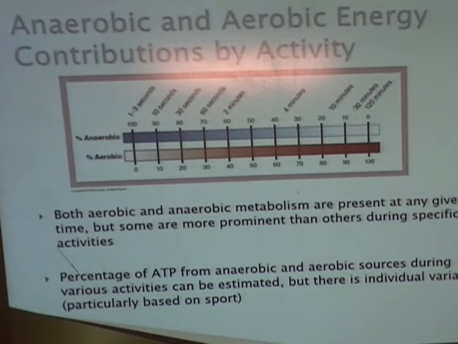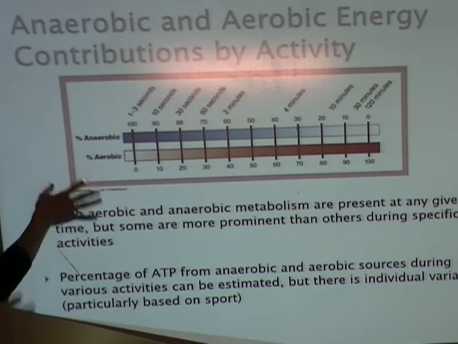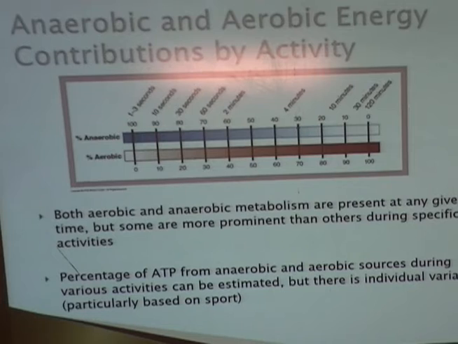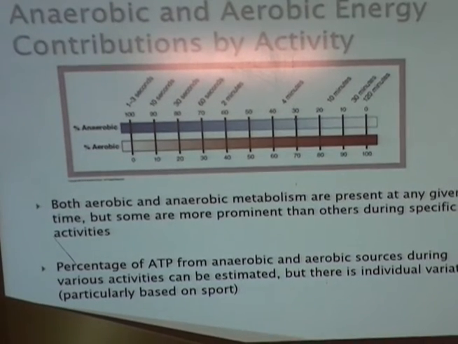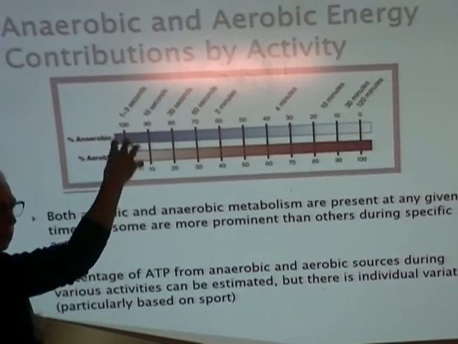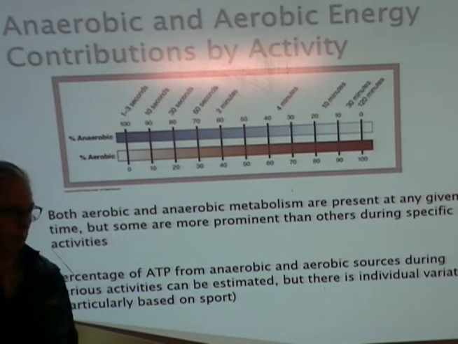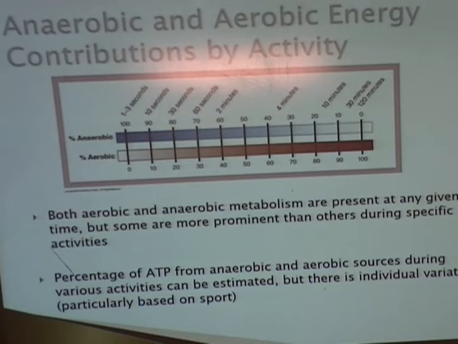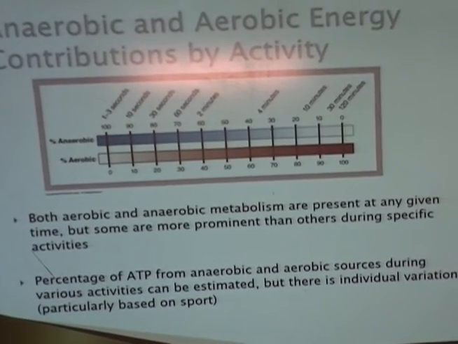So this chart is in your chapter, so you can take a closer look at it. But what it shows you is some estimates of the percentage of systems at any time in an activity. Use it though as a guideline, not as an absolute, because every single person is different.